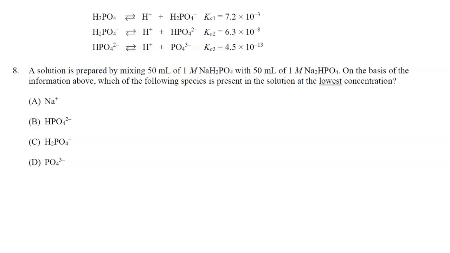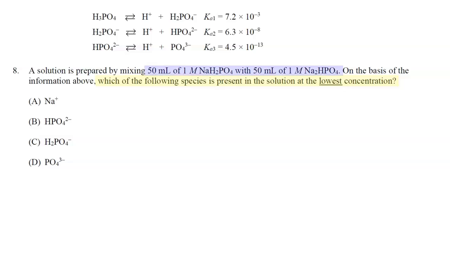So we prepare the solution, and on the basis of the information above, which of the following species is present in the solution at the lowest concentration? So at some point, we're going to have to consider these three equations that were given and the magnitude of the equilibrium constant K for these three equations.